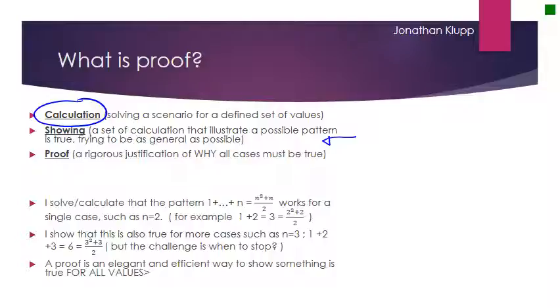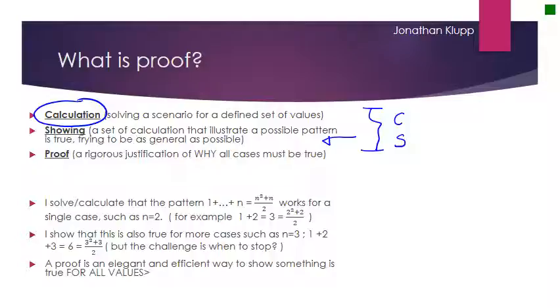Show that something is true could be, show that 111 is divisible by 2 or not, or show that the hypotenuse of a 3-4 triangle is 5. The problem is these two, calculation and showing, don't lend themselves to a forward-looking proof. They don't give us any justification beyond the examples that have been worked through.